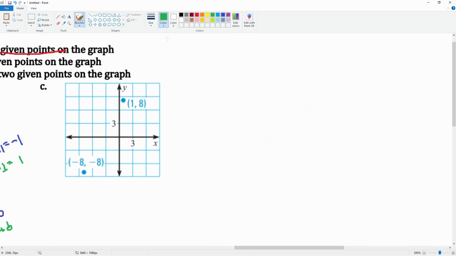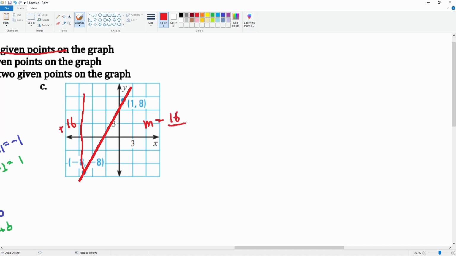All right, so let's look at this one. We want to find, first of all, the line that goes through these points. So we have to get the slope here. How much do we go up? So it goes from negative 8 all the way to 8, so that is a plus 16.